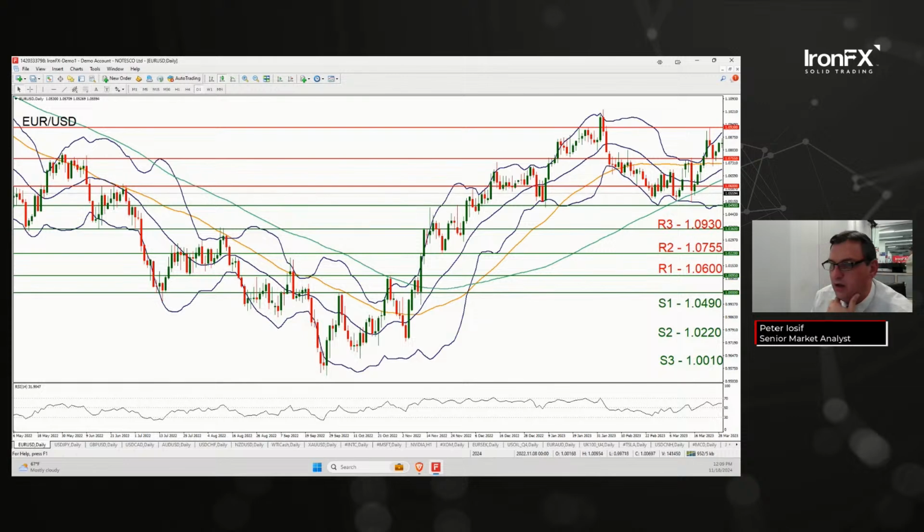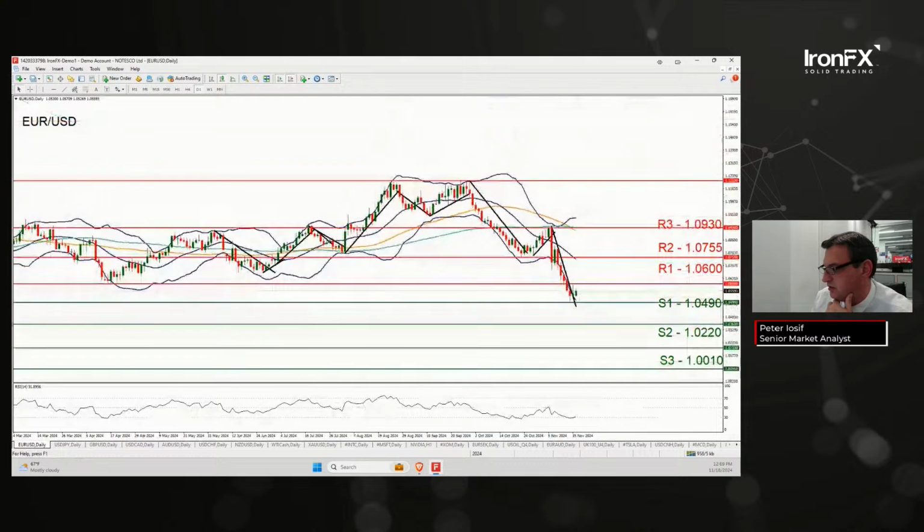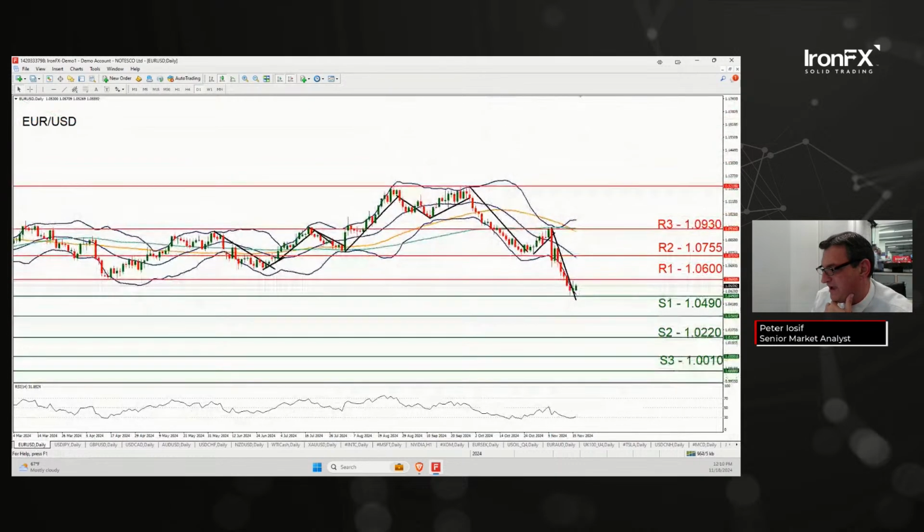Okay, let's readjust the chart and have a look at it. It's a different view. Note how we have narrowed down the resistance support levels.